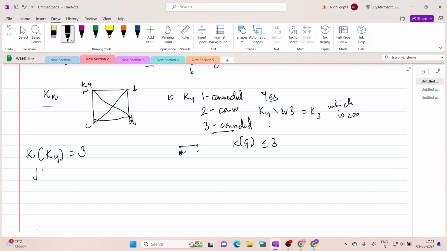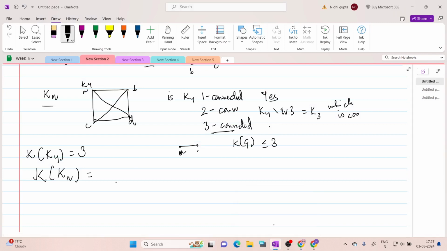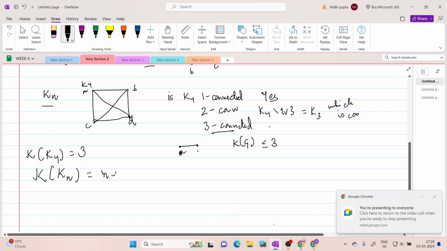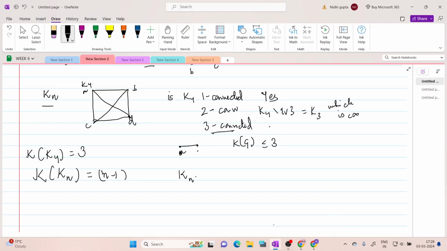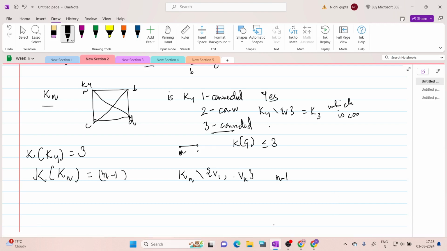So now can you generalize what the vertex connectivity of Kn is? N, ma'am. So n minus 1. Yes, n minus 1, because we are looking at a complete graph. If we remove vertices V1 to Vk from Kn, then we are left with n minus k vertices.